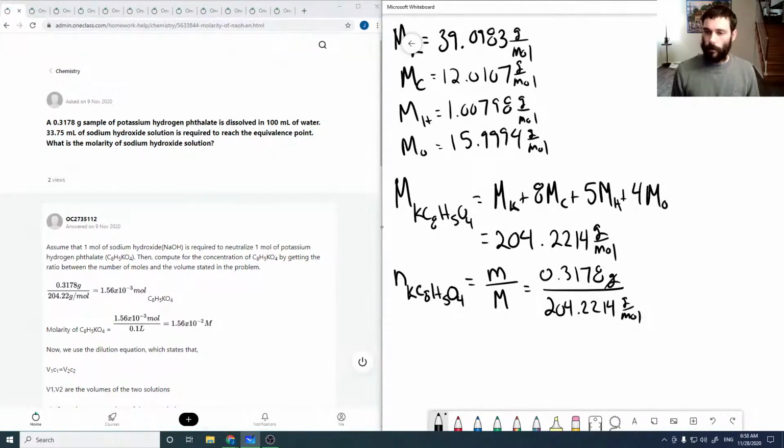And checking our units here, the grams will cancel, the moles will come up, so that's good. And so our moles are 0.001556 moles.